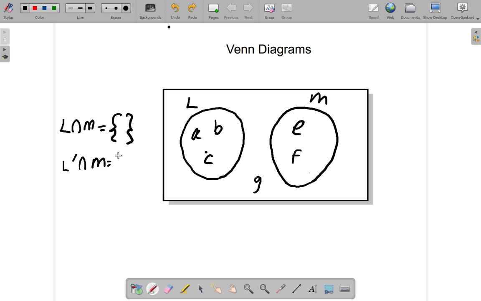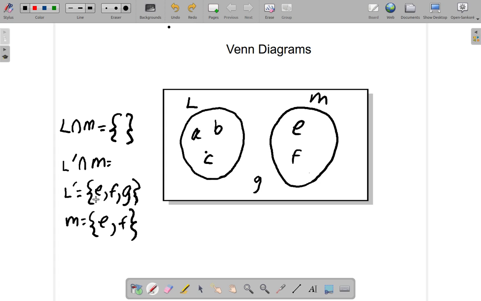In this case, what I would look at is L complement consists of those not in L, so it must be E, F, and G. Alright? And then what about M? M contains E and F. So what is L complement intersect M?